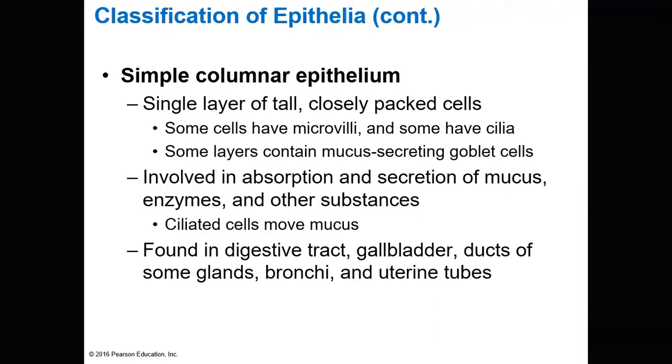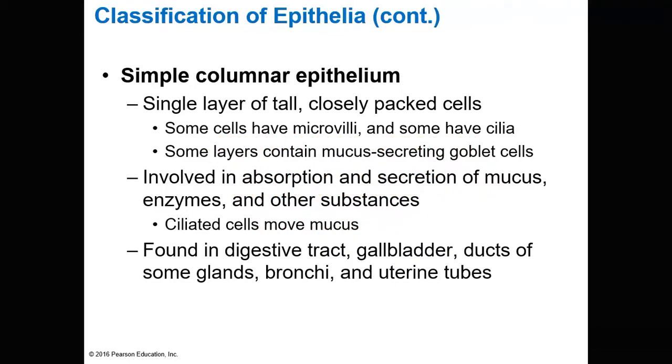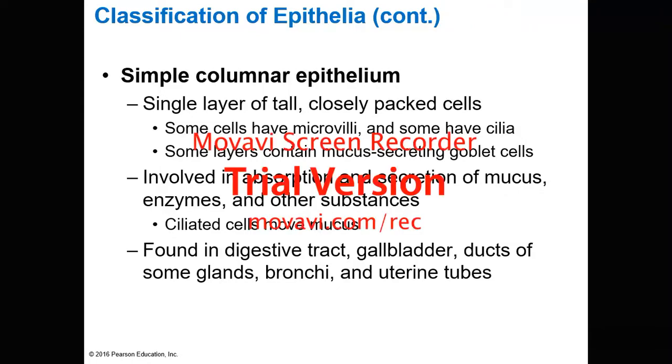Microvilli are found more in cells that need a larger surface area for absorption, and the cilia we find in your respiratory cells, which want to be in movement and move the mucus. Some layers contain mucus-secreting goblet cells.